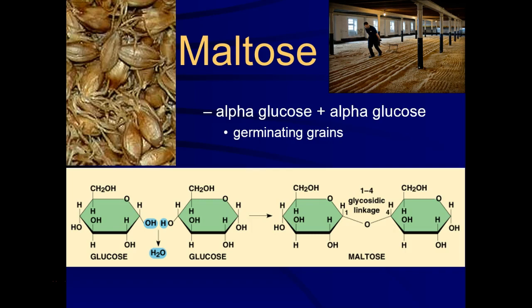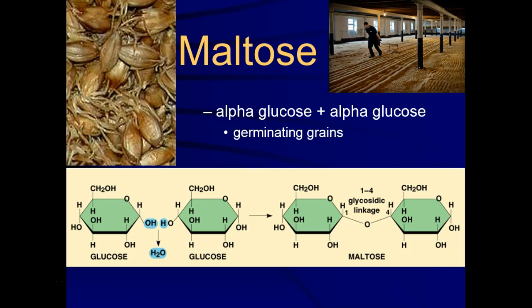Have you ever heard of malt whiskey? It comes from the malt, which is basically you germinate a seed, and the seed breaks down the starch into maltose. So if you've heard of malted milk, malt balls like Whoppers, that's what that is. Rich in maltose.